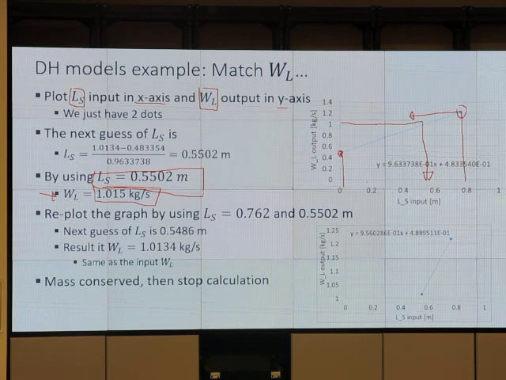So I have two dots, then use linear interpolation. Based on the target, we know that we should use LS equal to 0.55. Put it in, and I get something close, but not exact.